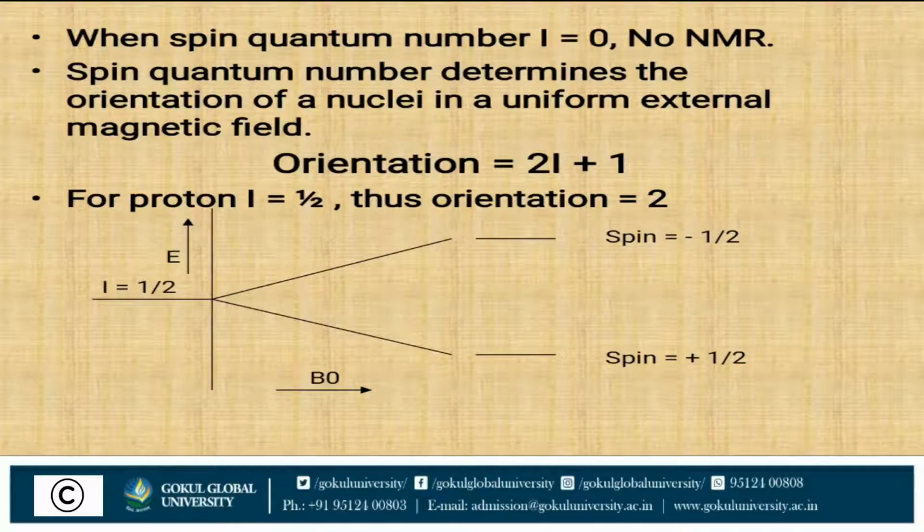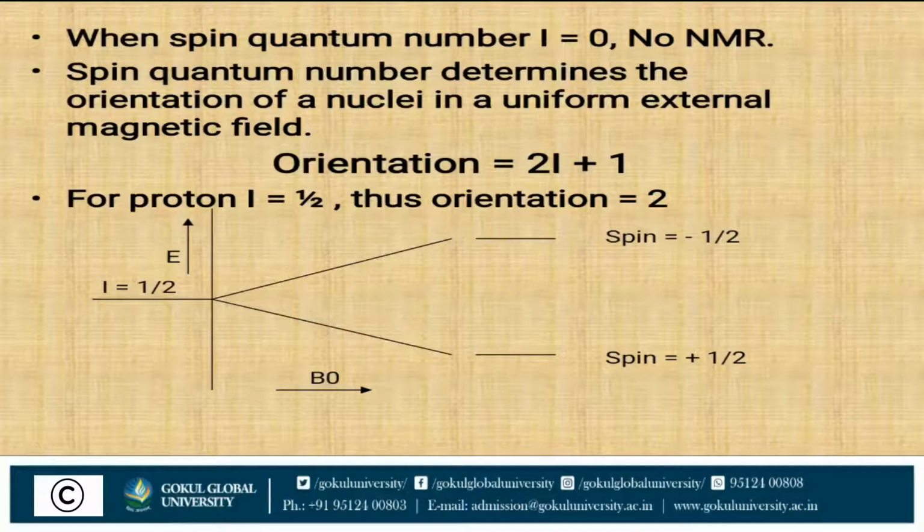The spin quantum number determines the orientation of nuclei in a uniform external magnetic field. The external magnetic field B0 produces the dipole moment, and the number of orientations is 2I plus 1.